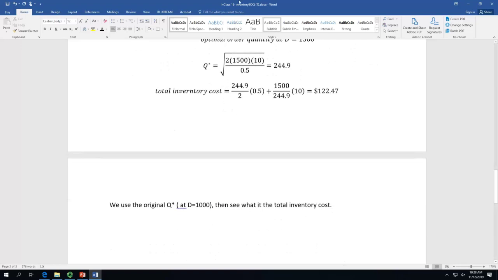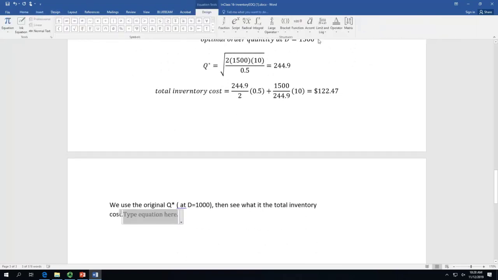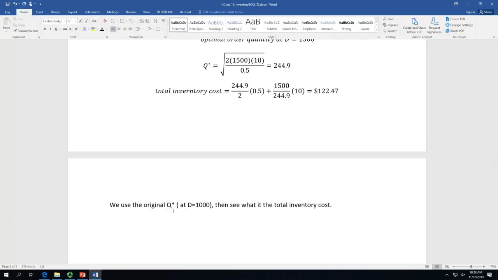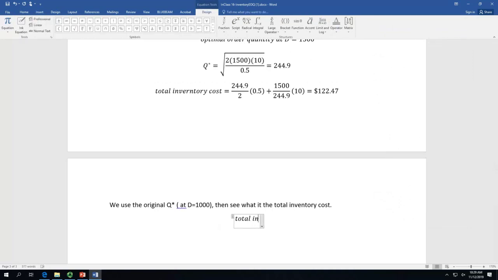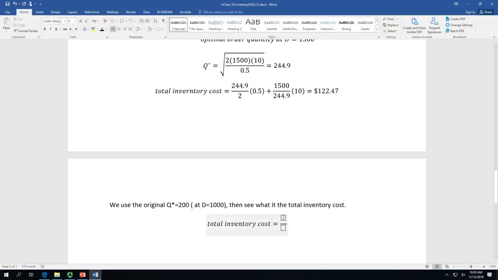Total inventory cost equals, because we use Q equals 200, the average inventory level 200 divided by 2, times the holding cost of 0.5, plus the ordering cost.